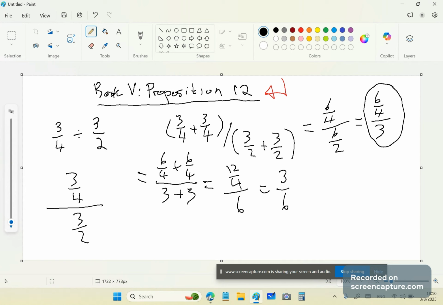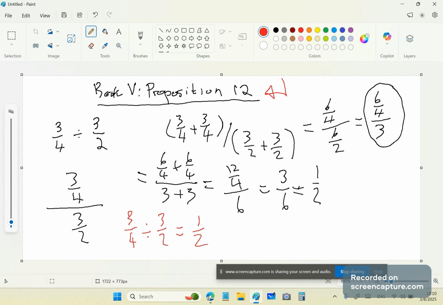Now, if I really wanted to, I could find a common factor between these two, and it turns out that that's a half. You can do that even without numbers, as I've shown you in previous videos. So the final result is that 3/4 divided by 3/2 is equal to a half.